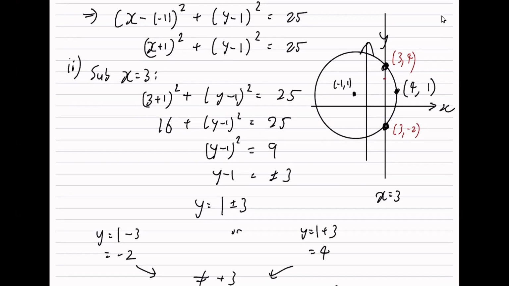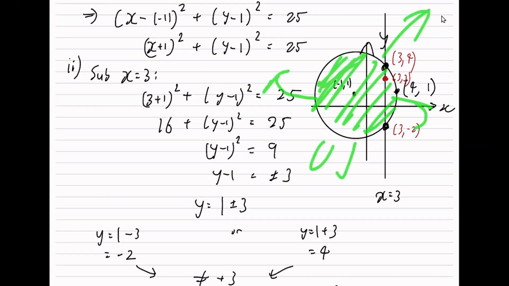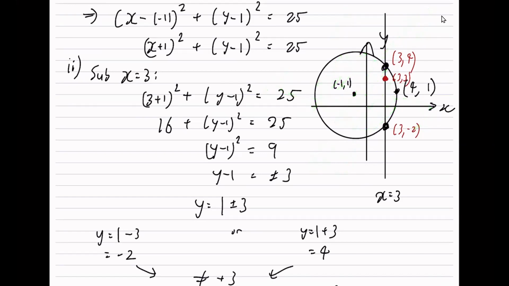So where is (3, 3)? It's somewhere over here, which is inside the circle. This region is inside the circle. There are certain questions you may encounter in the future that ask, you have a certain point (3, 3), is it inside the circle or outside the circle?